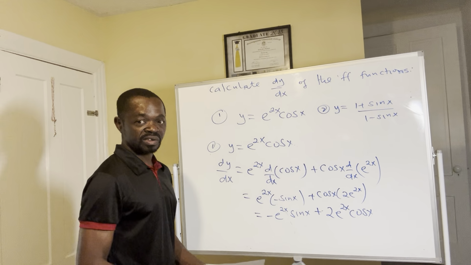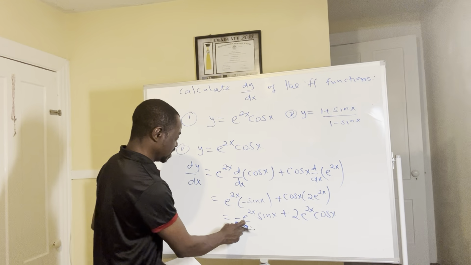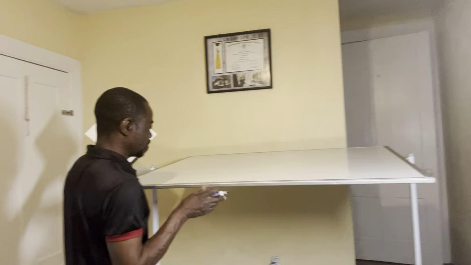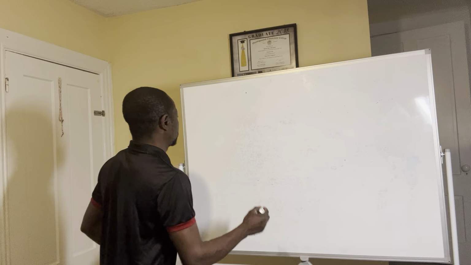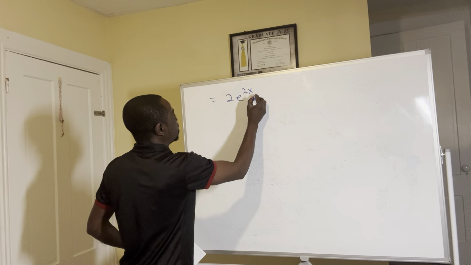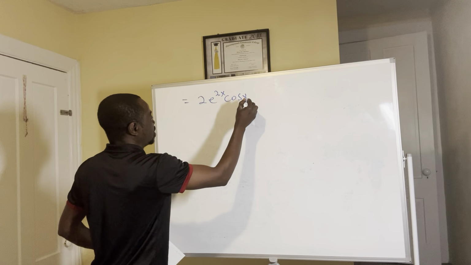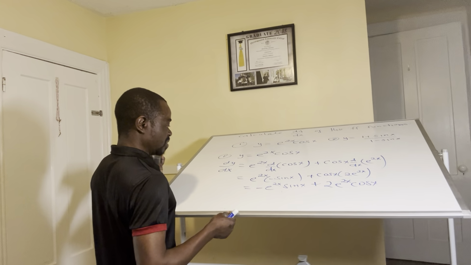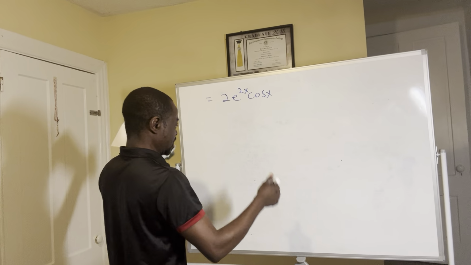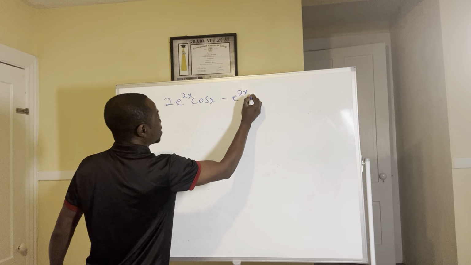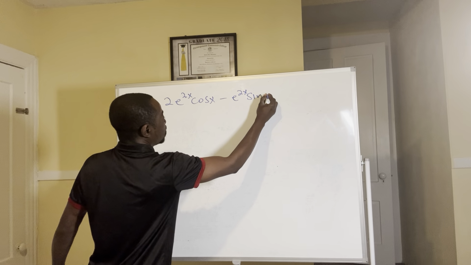Right, so we can group like terms. We have e to the power 2x, and I also have e to the power 2x. So you can write it this way: 2e to the power 2x cos of x, and then minus e to the power 2x sine of x.